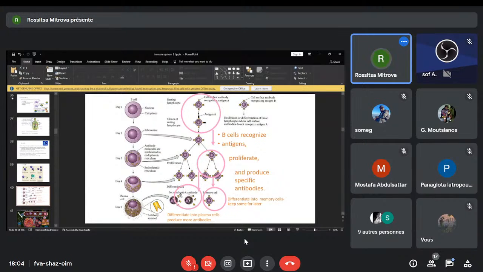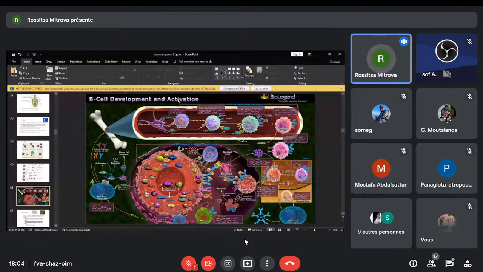And at the last stage is differentiating into plasmatic cells and memory cells as well. Here is the last differentiation. A very beautiful picture. I like very much this development and activation of B cells. It is like a cosmic image.